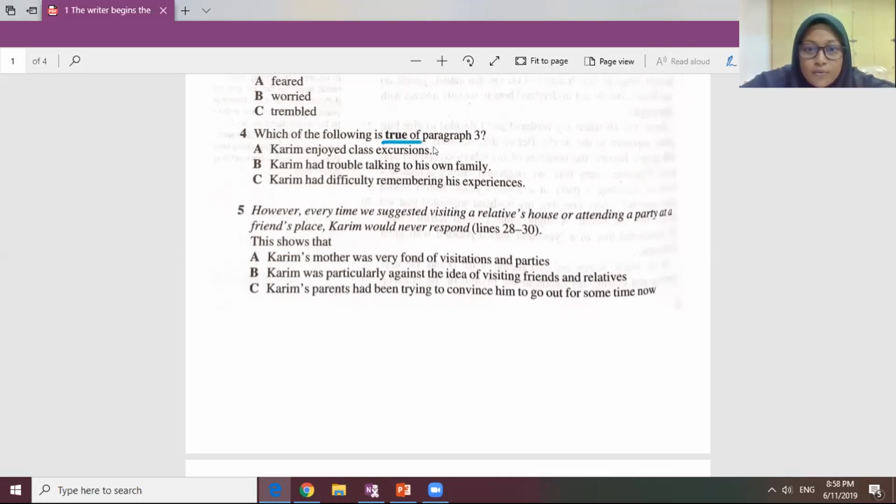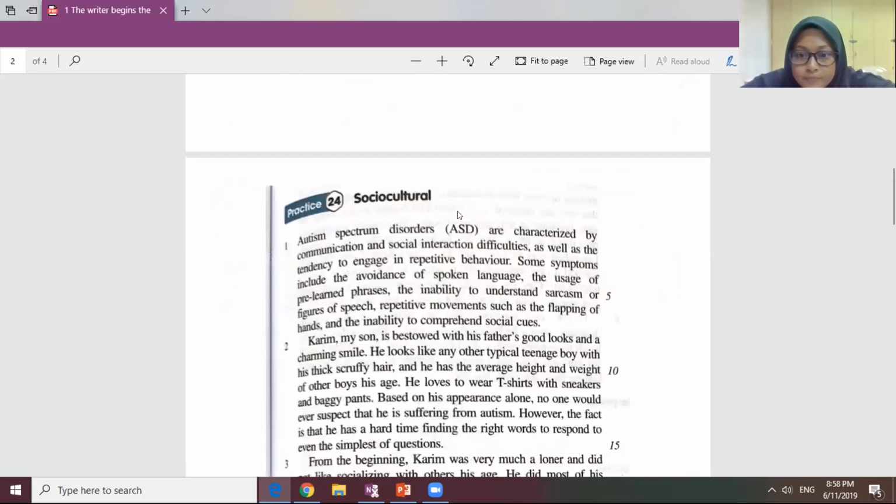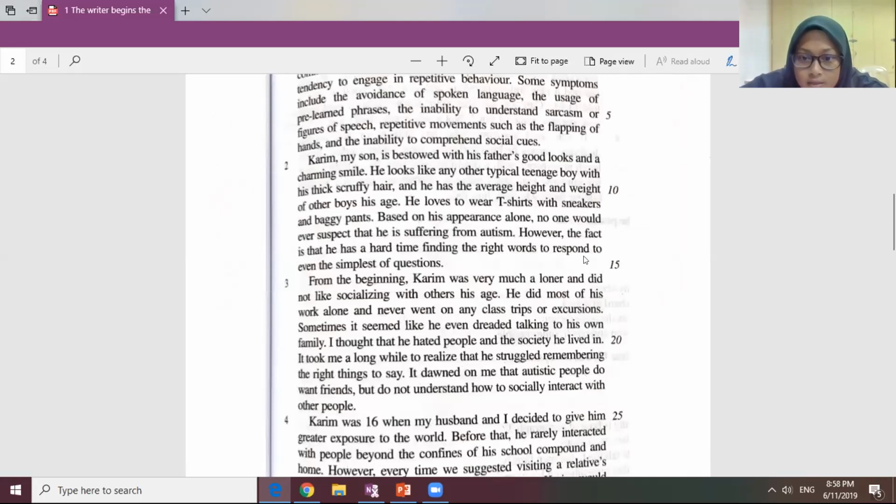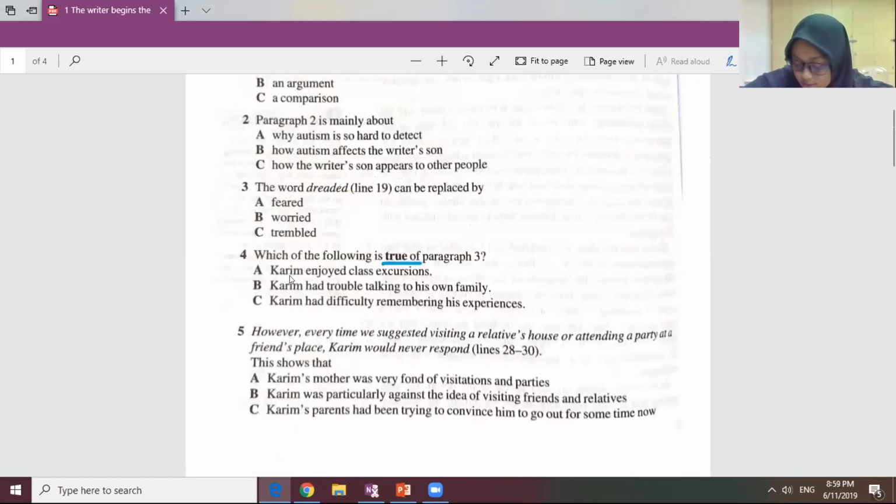So option A, Karim enjoyed class sessions, is not the answer, because the text stated that he never went on any class trip or excursions. So you have to cross the sentence that is not consistent. So cross A. B, Karim had trouble talking to his own family.